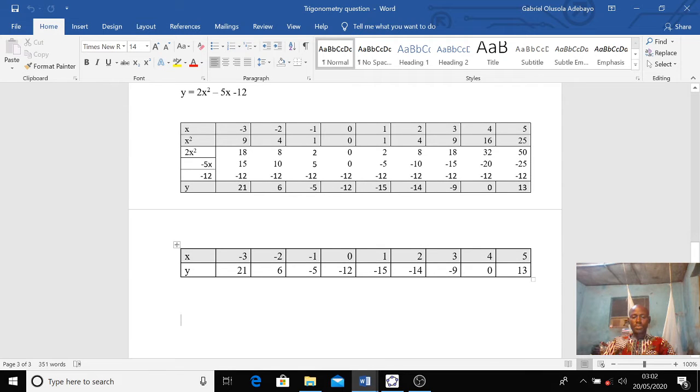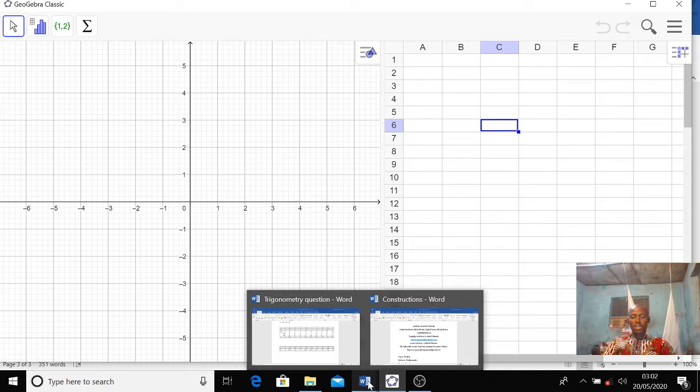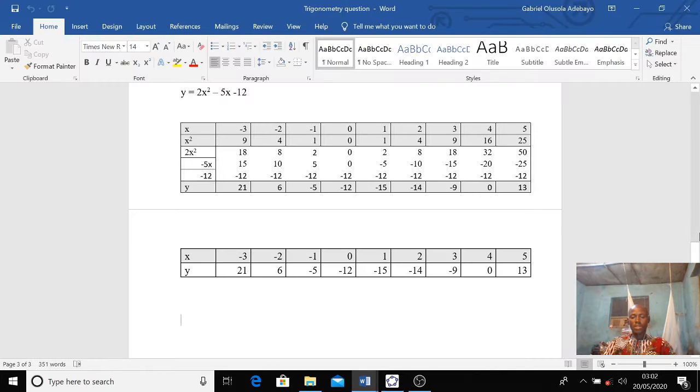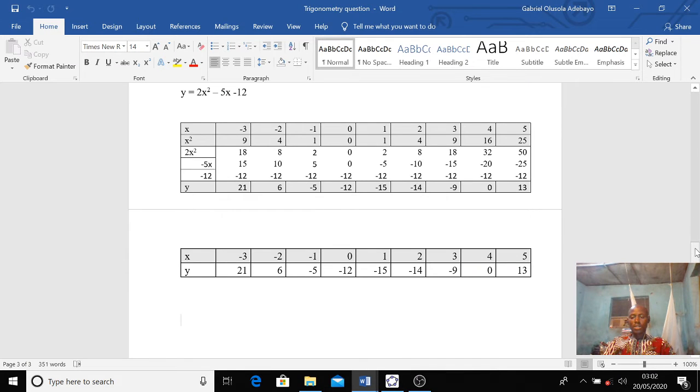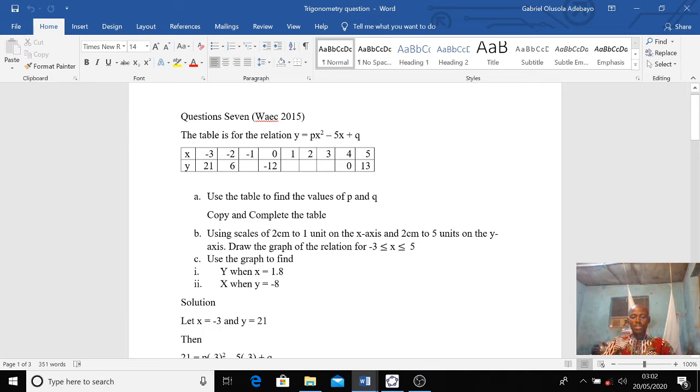So now let us plot our graph. To plot our graph, so that we don't waste our time, look at this question. I said we are going to cancel 2 centimeter, 2 centimeter. This is 2 centimeter here, 2 centimeter here, and 2 centimeter here is common.